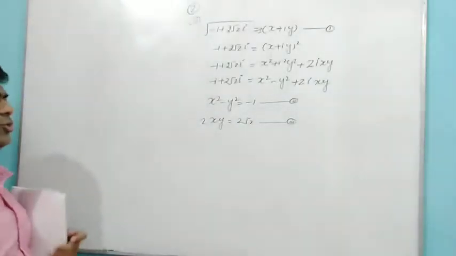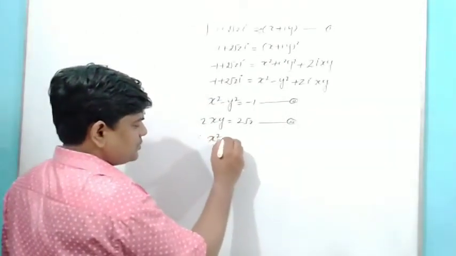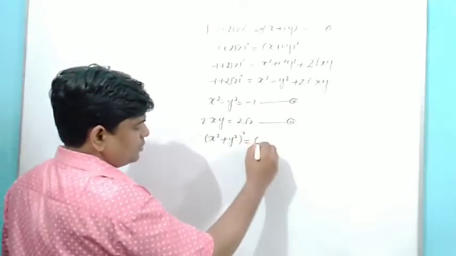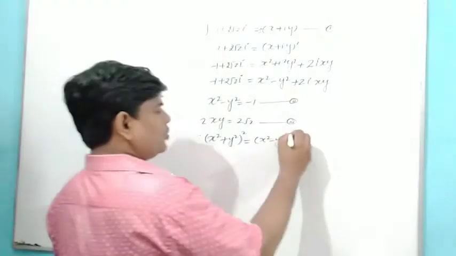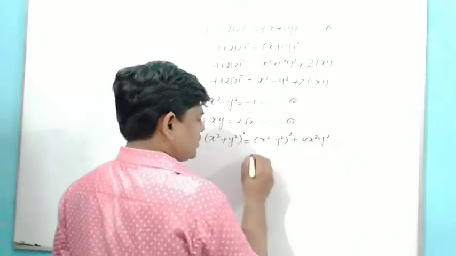Then, as I told you, I will try to find x square plus y square by using this formula. x square plus y square the whole square is equal to x square minus y square the whole square plus 4 x square y square.